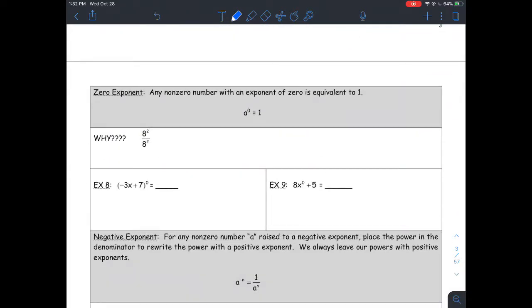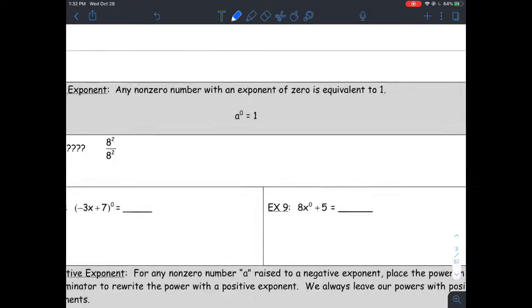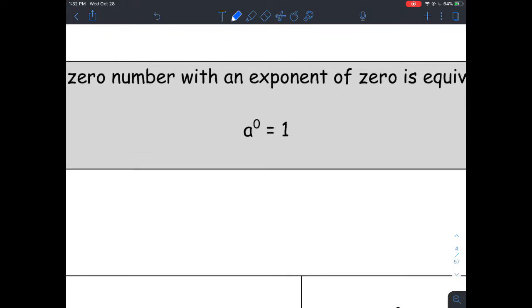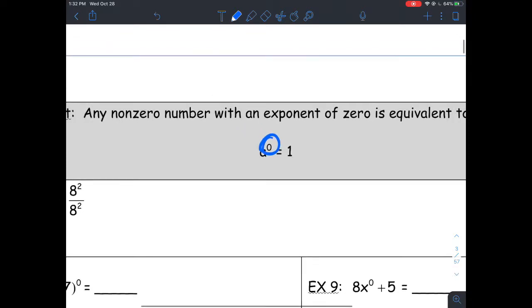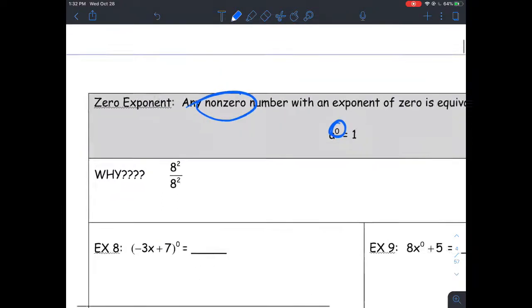Any non-zero number with an exponent of 0 is equivalent to 1. This is a super important property. Anything raised to the 0 power, any non-zero number, so basically any number other than 0 raised to the 0 power, is going to give you a 1. And why is that?